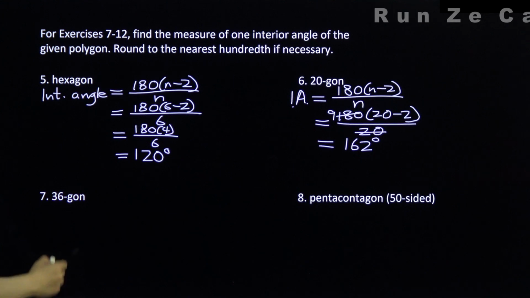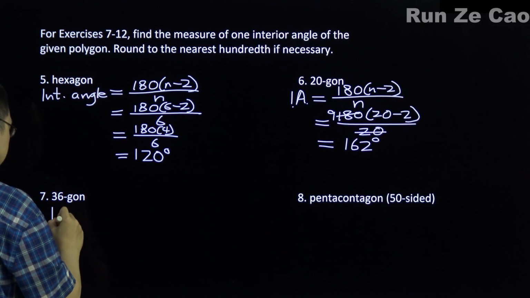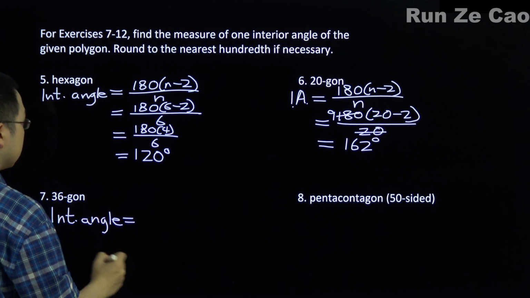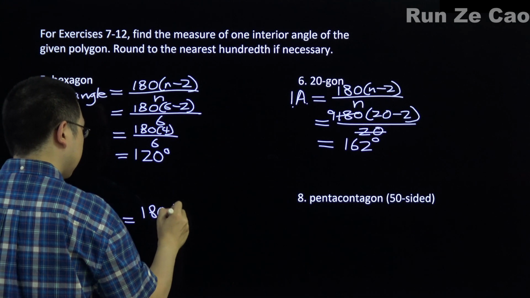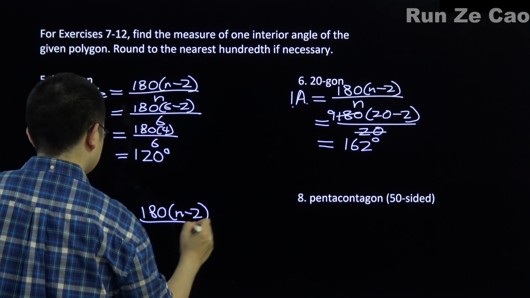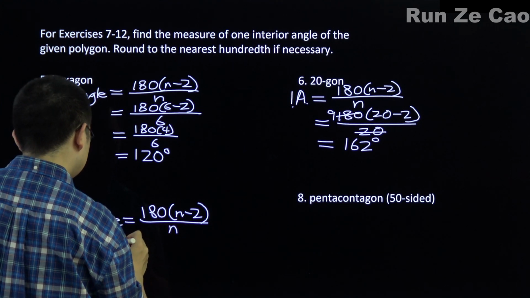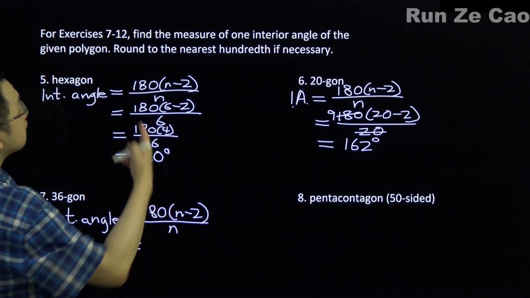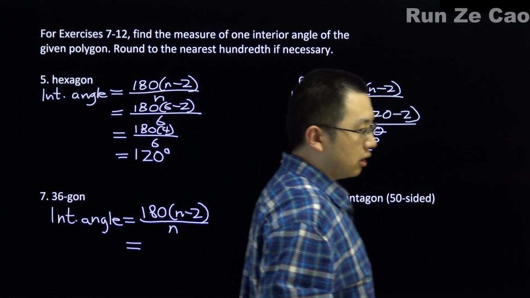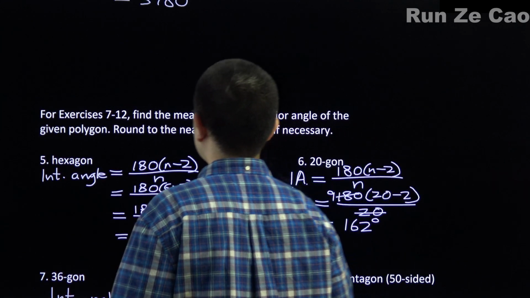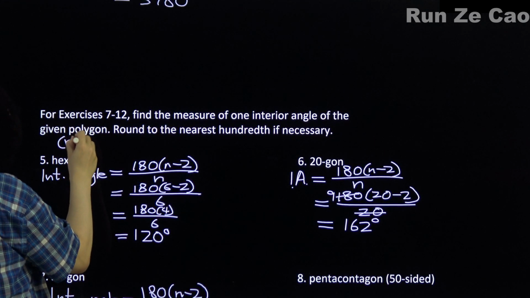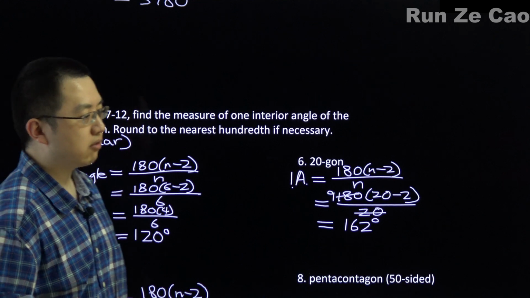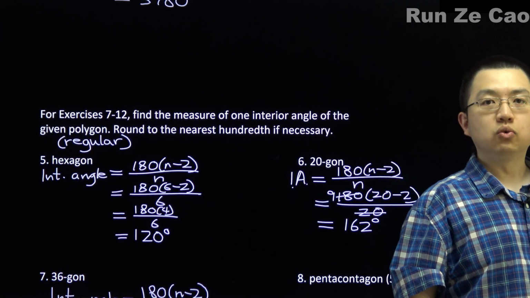Now a 36-gon, you've got interior angle. Yeah, let's just write this out. Okay, interior angle is equal to the sum, which is 180 times n minus 2, divided by n. So the number of angles to find the average interior angle, which in the case of a regular polygon, because if it was not a regular polygon, we'd be like, well, we don't know.